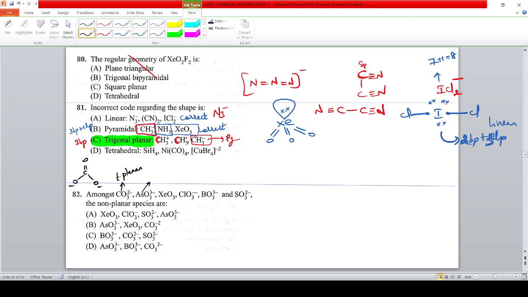Arsenic oxide anion. What is the valence electron count of arsenic? It belongs to the nitrogen family, 5 valence electrons. 3 minus means you have to add 3 electrons, in total 8.